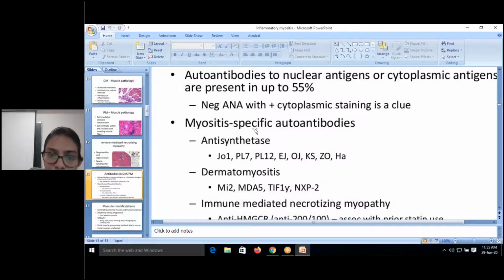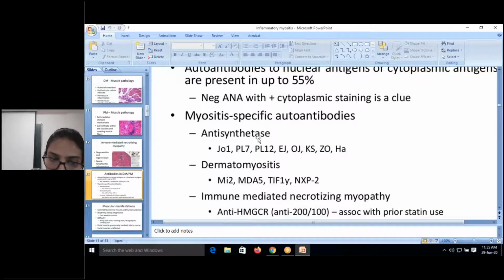The myositis-specific antibodies are antisynthetase antibodies. Under antisynthetase antibodies, you have Jo1, PL7, PL12, EJ, OJ, KS, Ha. These all are antisynthetase antibodies.